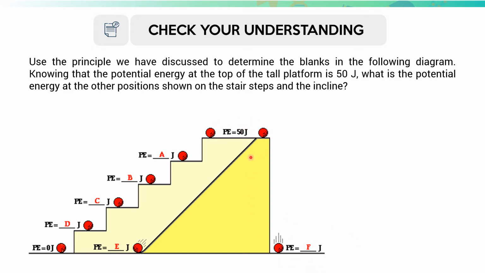Again, if the potential energy of the ball here is 50 joules, and on the ground here the potential energy is 0 joules, what will be the potential energy of A, B, C, D, E, and F?